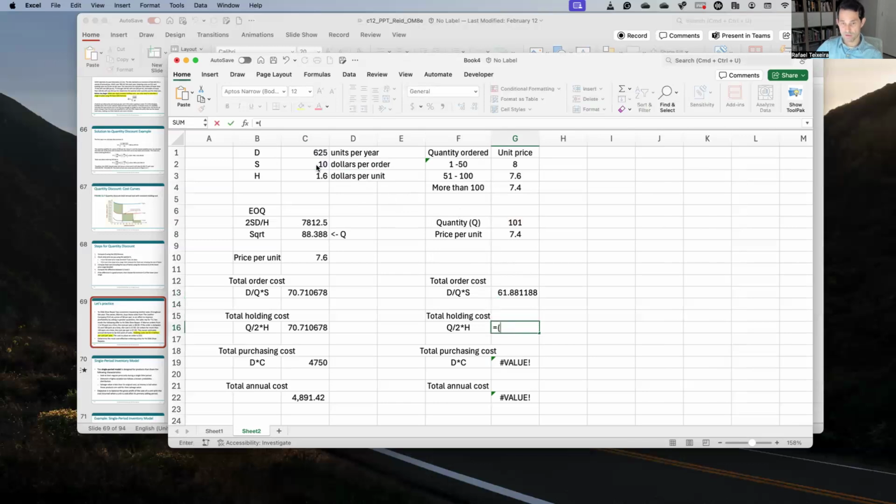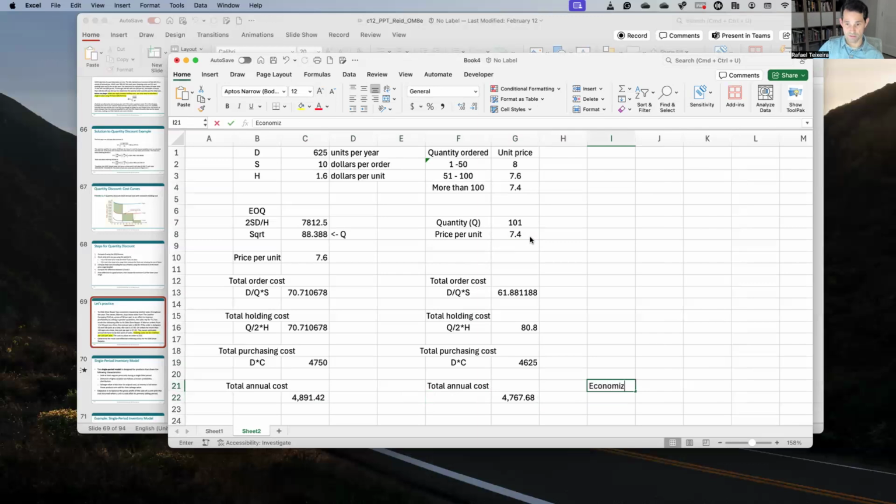Then the holding cost is equal to the quantity divided by 2 times the holding cost. You see that these numbers differ, and they're supposed to differ, because I'm not ordering the optimal order quantity here. And the purchasing cost is going to be this times the price per unit, which is cheaper than at the optimal order quantity.